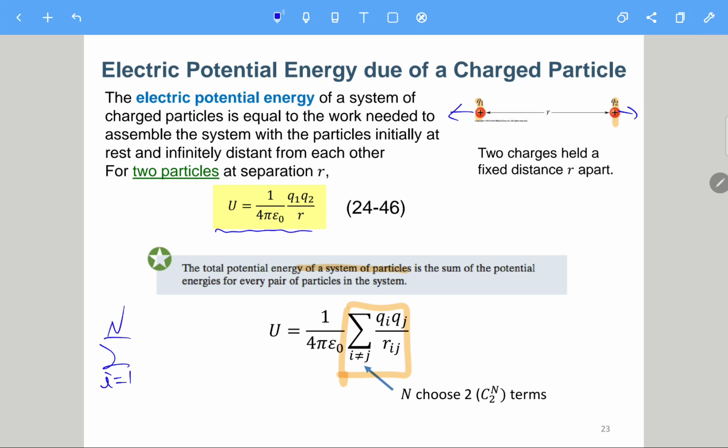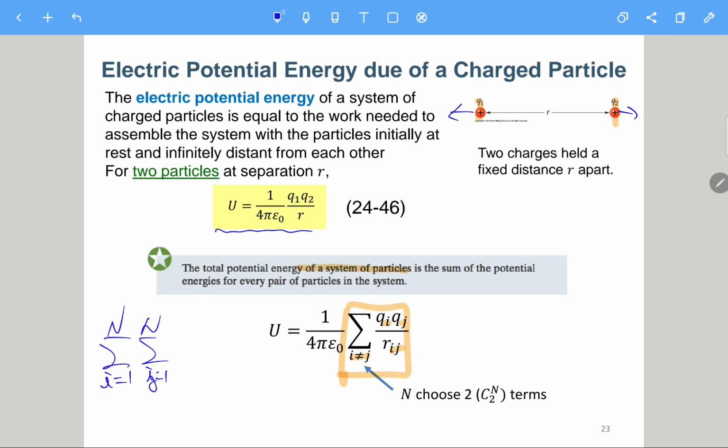But here, within this summation, you have i and j as the dummy variables, and it only tells you that i is not equal to j. If we don't have this constraint, i from 1 to n and j from 1 to n, then we'll have n squared terms.